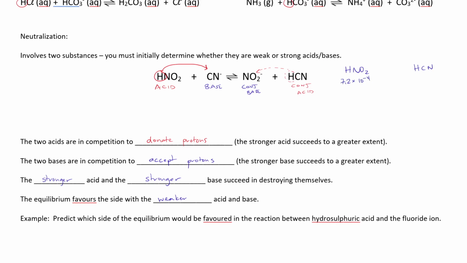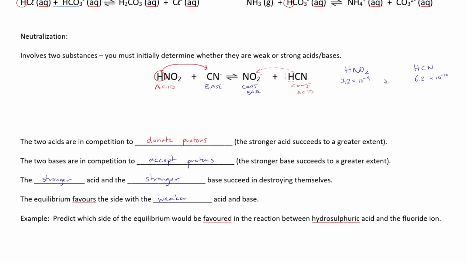And different tables may have different values, so there might be some difference between the values that you see. Whereas HCN is 6.2 times 10 to the negative 10. Again, there might be some discrepancies in the values that you see on different tables because these are experimentally determined, so different tables may have different values.